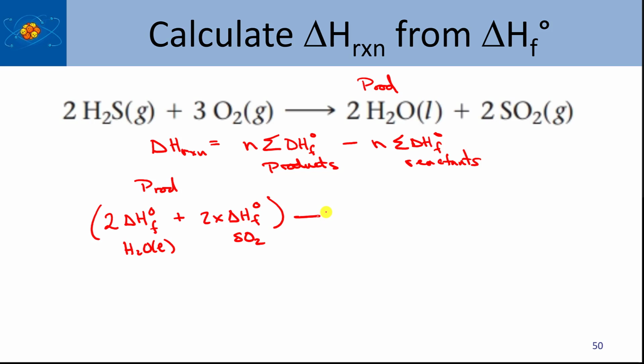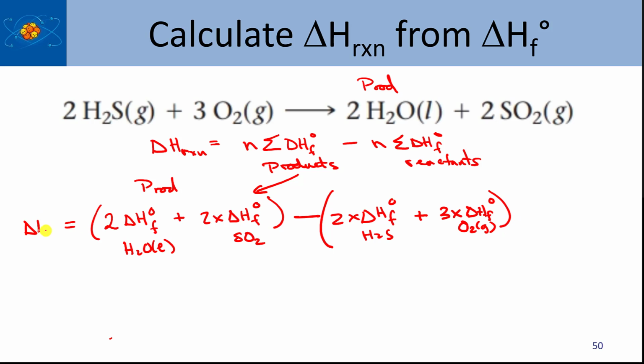And I'm going to subtract from that 2 times the delta H of formation for H2S, plus 3 times my delta H of formation for O2, putting this all in parentheses. This gives me my delta H of the reaction. So again, products minus reactants.